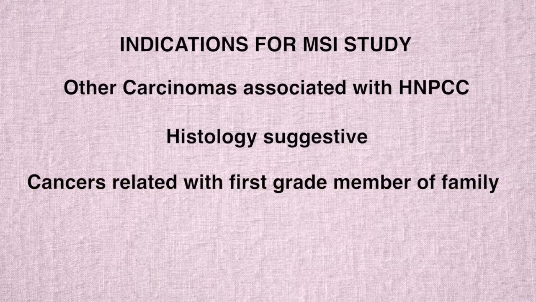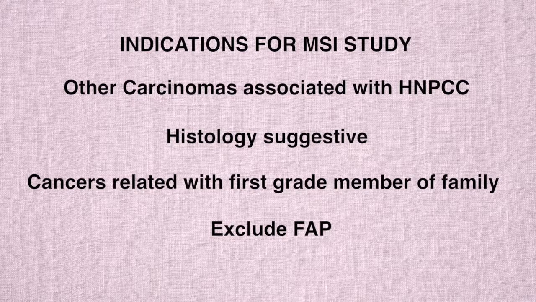Colon cancer or cancers related with Lynch syndrome in first degree members of the family, for example, parent, son, sibling, all before 50 years, is a very good clue that we have a case suggestive of MSI. Then we need exclusion of familial adenomatous polyposis, an entity with many adenomatous polyps, usually more than 100.